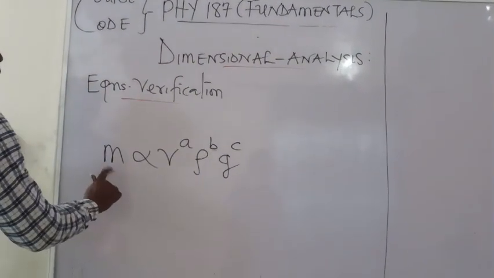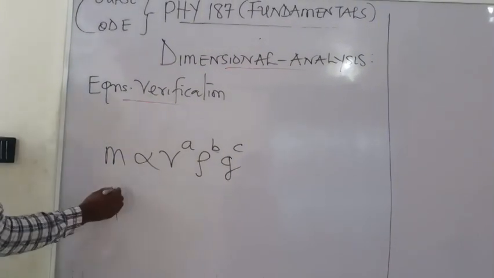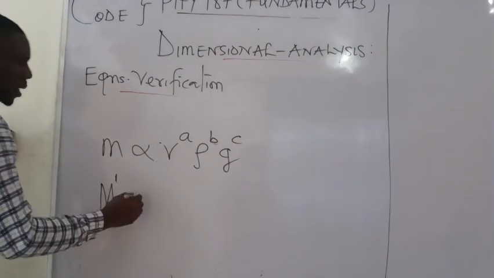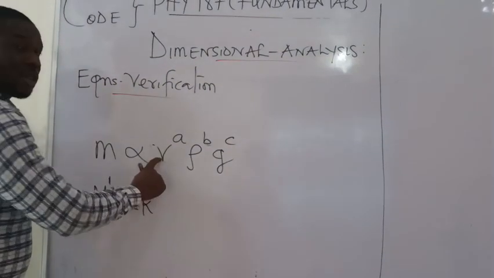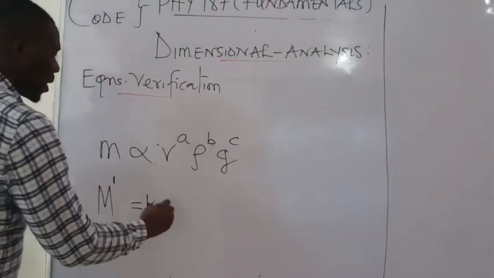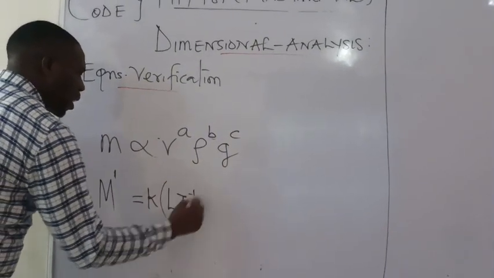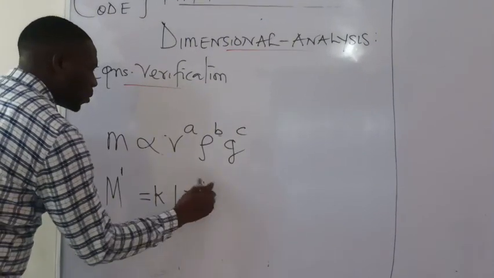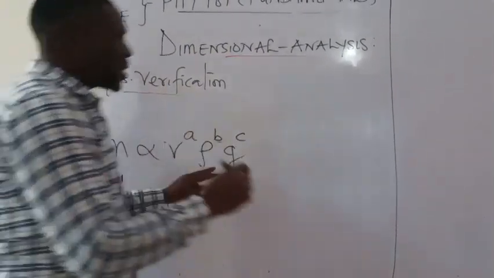The dimension for mass is capital letter M, raised to power 1. I could replace this proportion sign with an equal sign with a constant of proportionality. This is velocity, whose dimension is LT raised to power minus 1, and I could stick in the dimension symbol, raised to power A. Then this is density.